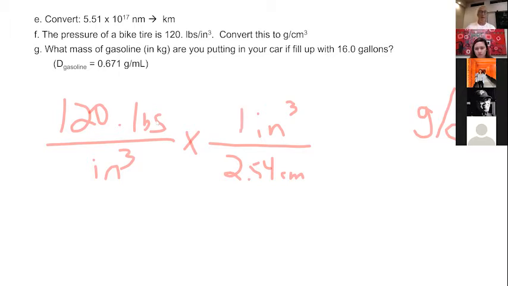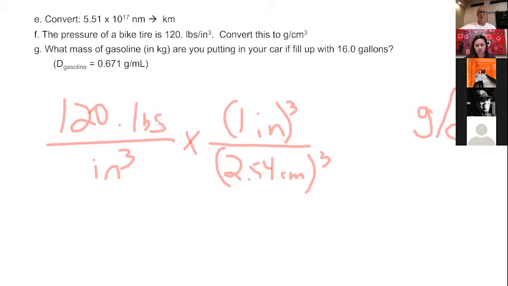So 1 inch cubed is actually like this. That is the conversion to make. We need to cube both the 2.54 and the centimeters. Cube everything, the number and the unit.